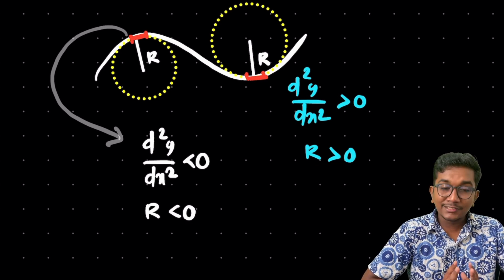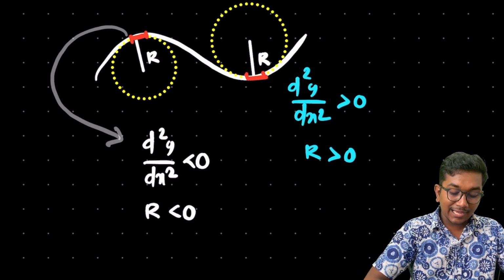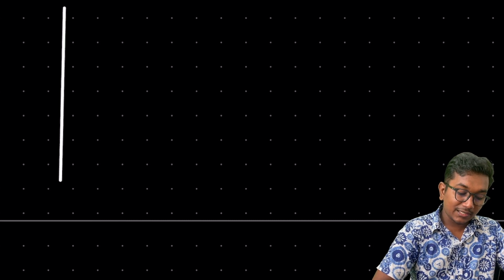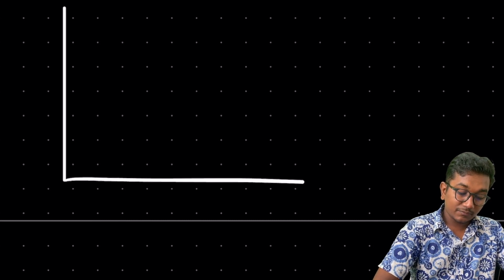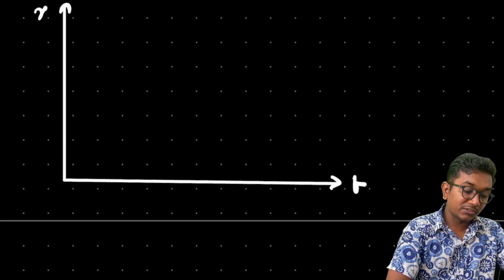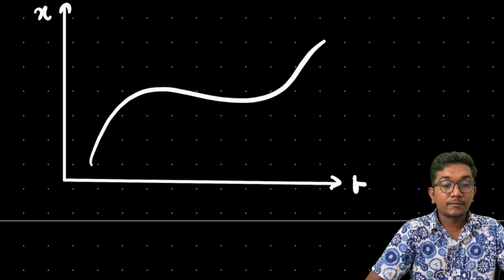Now one more example I would like to add here. Let's say I have an xt graph. So I consider an xt graph. This is my xt curve, that is the displacement versus time curve. This is the curve, suppose. I'm giving a random curve over there.